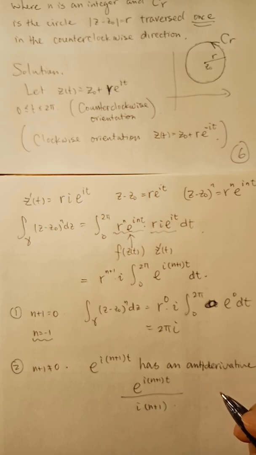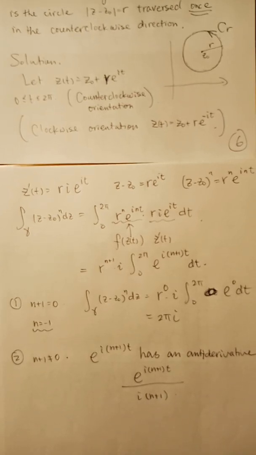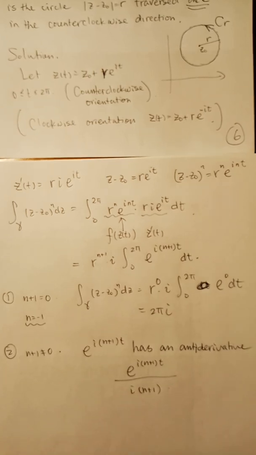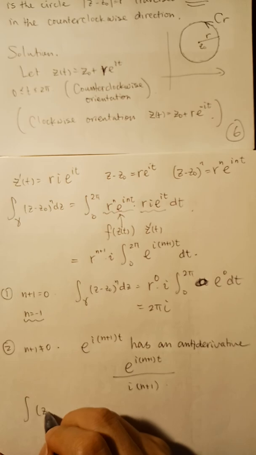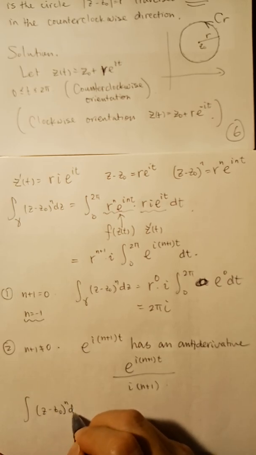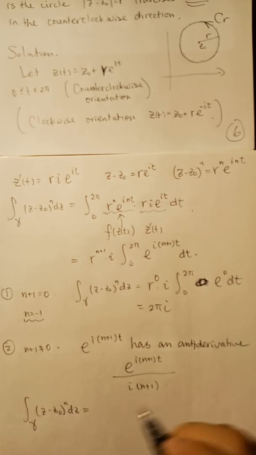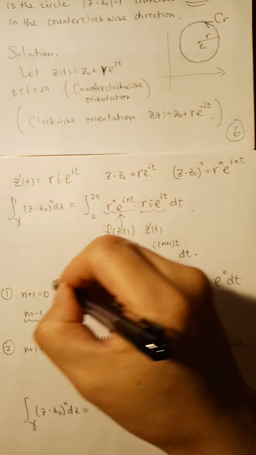This is one antiderivative. We're going to use this to do the evaluation. Okay, so the integral of (z minus z0) to the nth power dz along gamma is, so here, we start here.